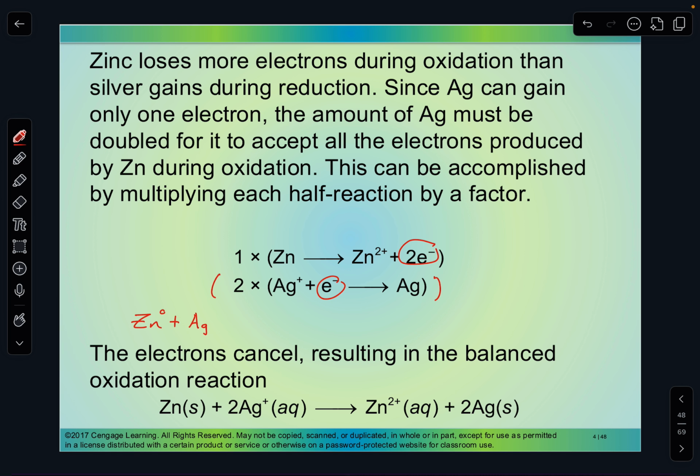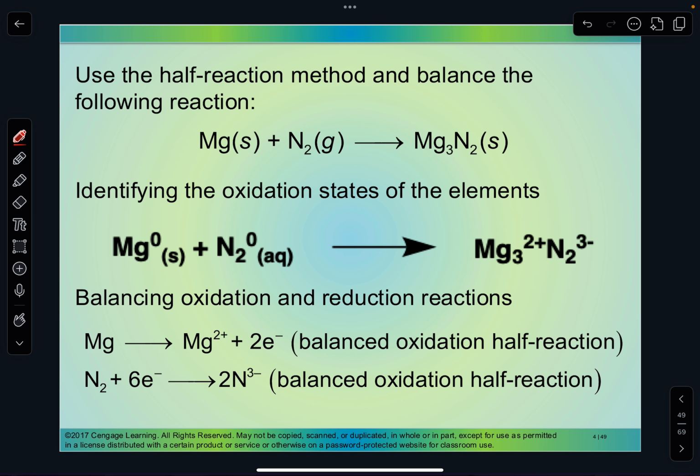Once we combine these two again, we will see that we have 2Ag plus 2 electrons goes to Zn2 plus 2e minus plus 2Ag0. And these can cancel out, and that's how we are left with this final equation. So the electrons are going to cancel out just like we did with the net ionic equations, and then you would be left with one equation.